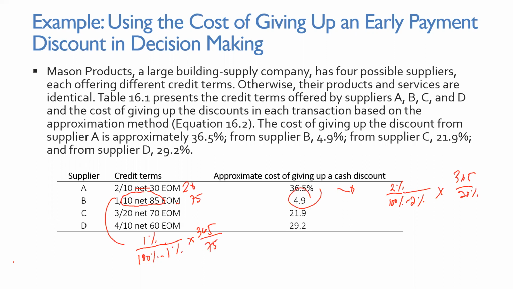So that's how the cost of giving up a discount is computed, and so on and so forth for the others.